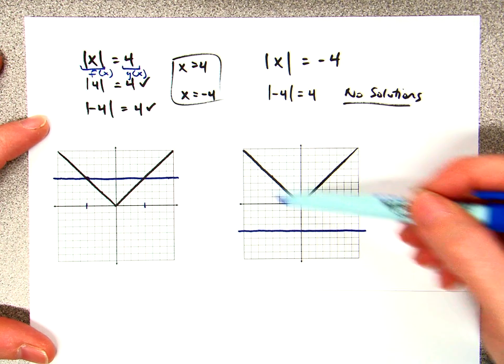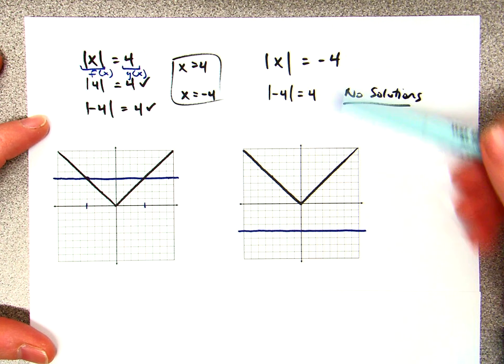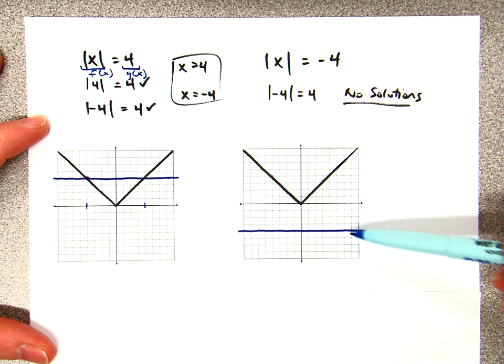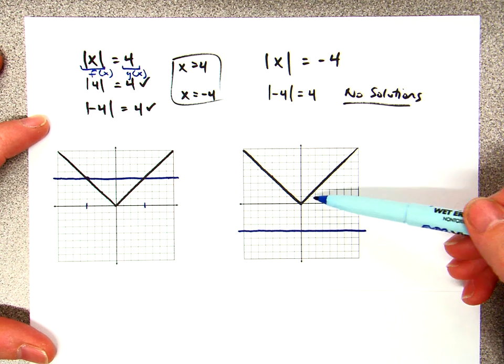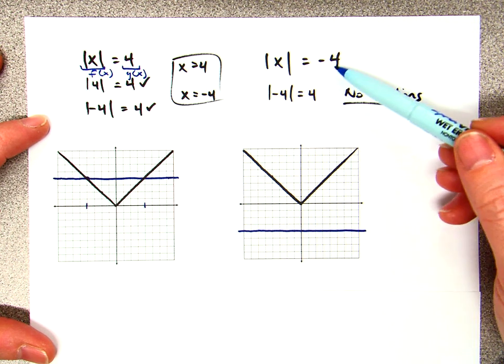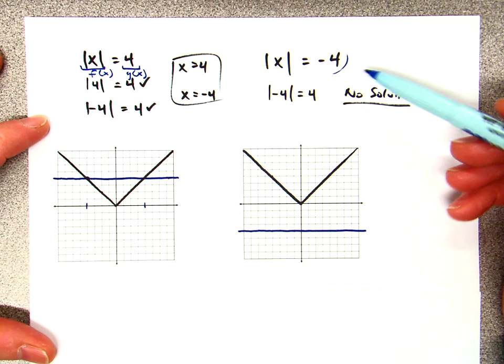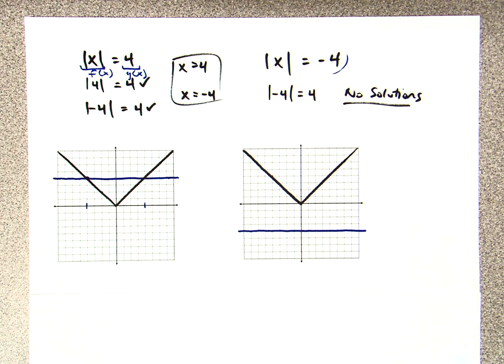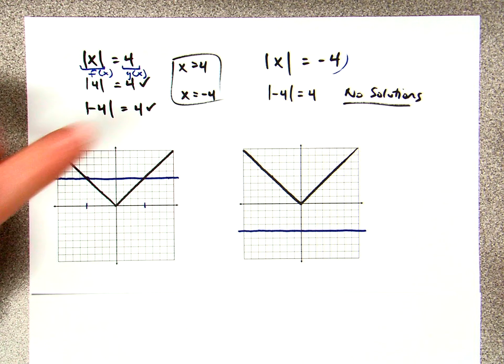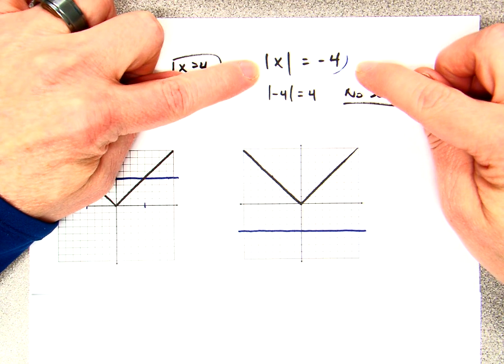If I looked at this V and negative 4 as a y down here, we can see that the absolute value will never get low enough to produce that negative output. So there's not going to be any solutions here. This is something we've got to keep an eye out for.